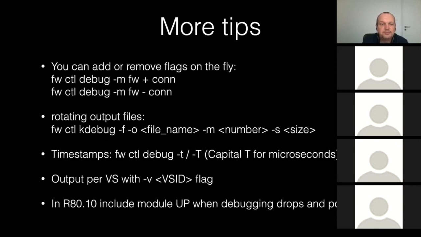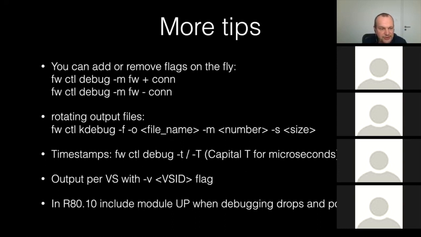Adding on the fly, you do it with plus and minus. When you have very substantial output, when you cannot see the things on the fly, and this happens a lot in the production environment, you want to write it into the file.